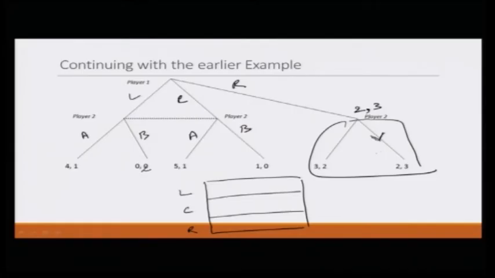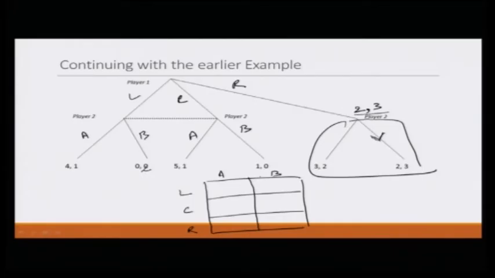But we do not have to take care of the 4, because we know if the game reaches this point, this is what player 2 is going to do. So, we will take a reduced game in which this game tree is replaced by the outcome from the smallest subgame.